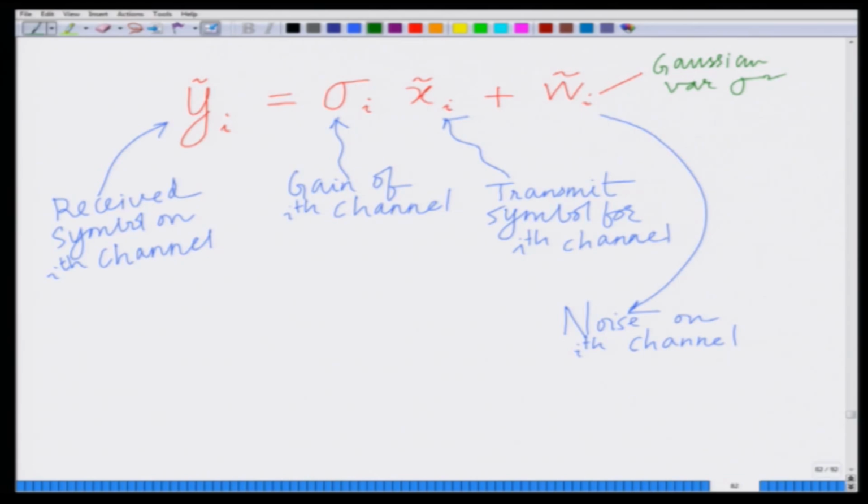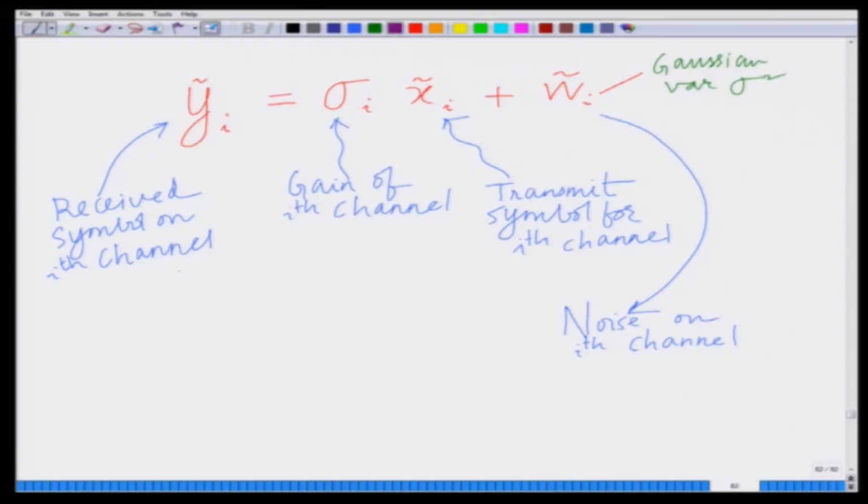We can also call these decoupled channels, because these different channels have decoupled inputs x1 tilde, x2 tilde, xt tilde, and decoupled outputs, that is y1 tilde, y2 tilde, yt tilde. So, you have these t parallel channels between the transmitter and receiver. So, you are able to transmit t streams of information, or t symbols, across these parallel channels. This principle in a MIMO system is precisely what is termed as spatial multiplexing.